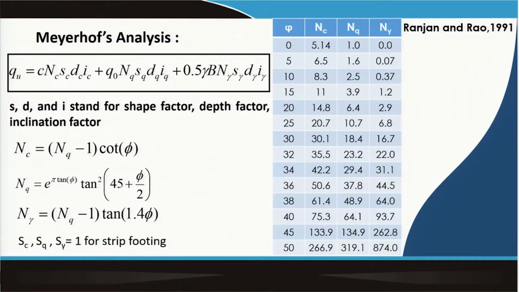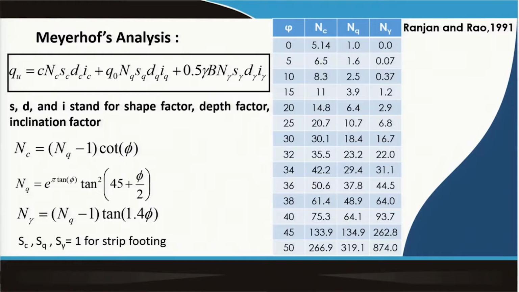That means the load is acting at the center of the footing, but sometimes the load can be eccentric as well as inclined. So there is no provision to include those effects in Terzaghi's bearing capacity equation. Meyerhof has developed a bearing capacity equation where we can include these options.